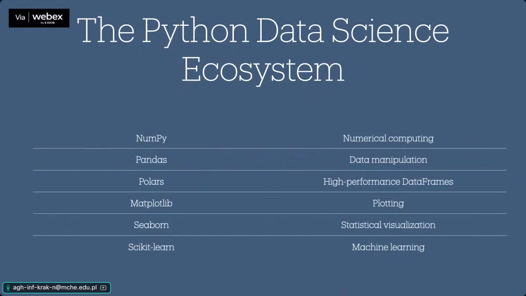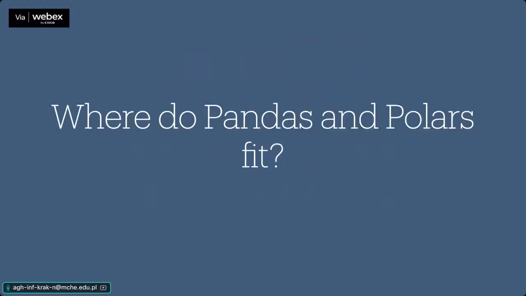Pandas and Polars are for data manipulation. Matplotlib for plotting, of course. Seaborn usually for visualization. And scikit-learn for machine learning. I think during this conference, you had the opportunity to use each of these libraries.